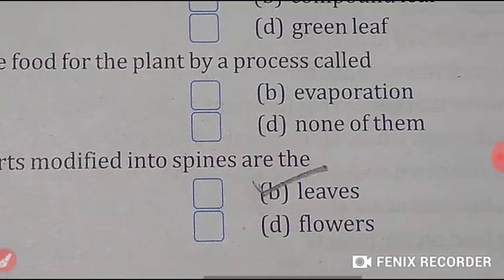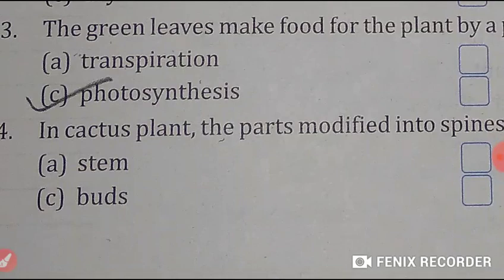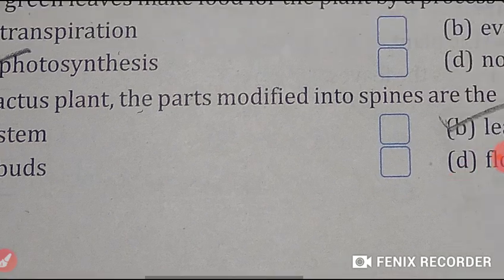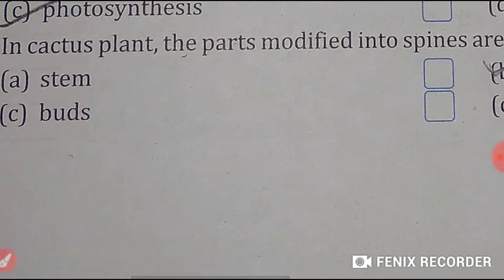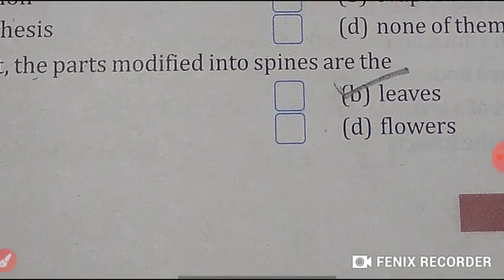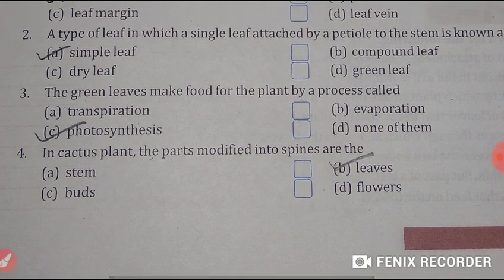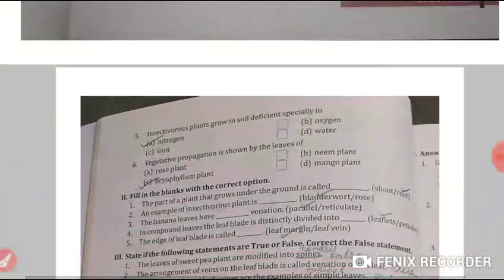Transpiration, photosynthesis, evaporation, none of them. Photosynthesis. In cactus plant, the parts modified into spines are the stem, leaves, buds or flowers. Correct answer is leaves.